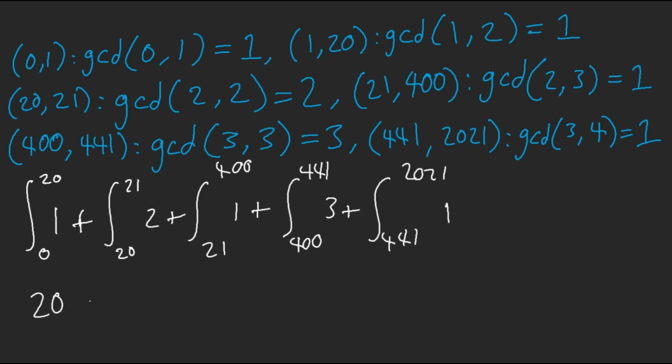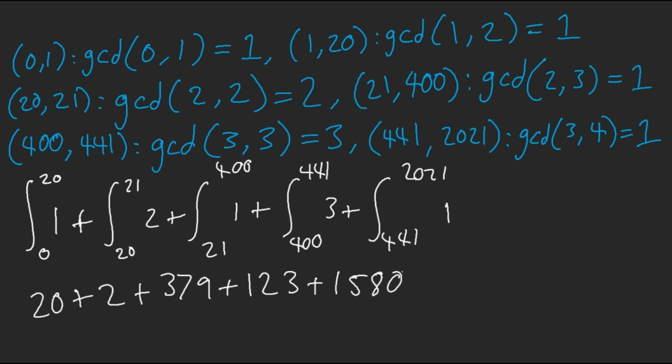They're treating us like human calculators. 2, because 21 minus 20 is 1, times 2 is 2. 400 minus 21 is 379. 3 times 41, 3 times 40, oh, that's just 123. Thank goodness for easy multiplication. That was satisfying. And 2021 minus 441, that's going to give us like 1580, I believe.